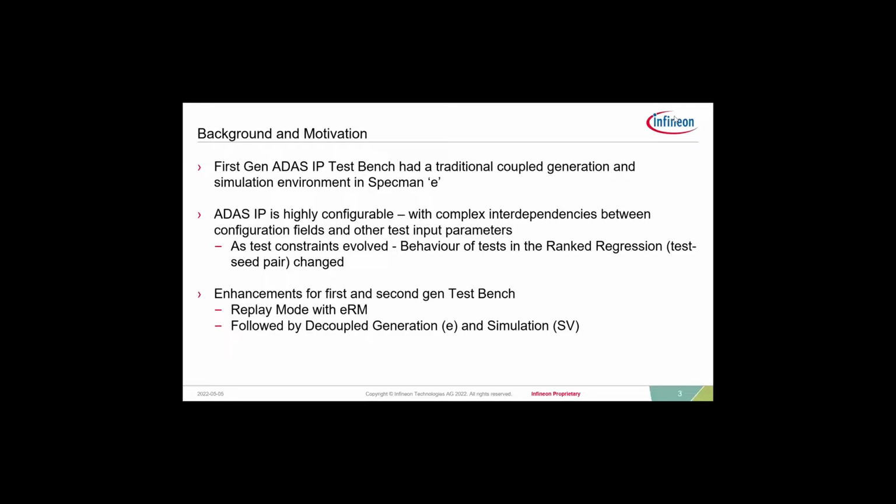As Tim mentioned, that changed the behavior of the test cases we were running. As soon as we modified a few constraints, a different configuration would be generated, and our test cases no longer hit the same coverage.